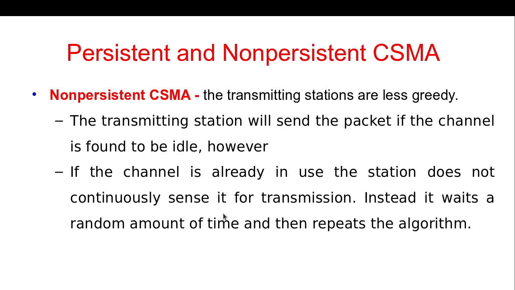The transmitting station here will send the packet if the channel is found to be idle, but if the channel is already in use, the station does not continuously sense it for transmission, which was done in the previous case of one persistent CSMA. Instead, it waits a random amount of time and then repeats the algorithm. This is the difference of non-persistent CSMA.